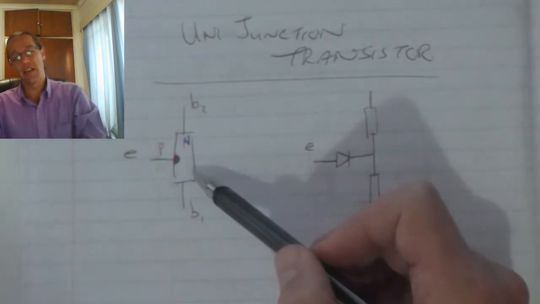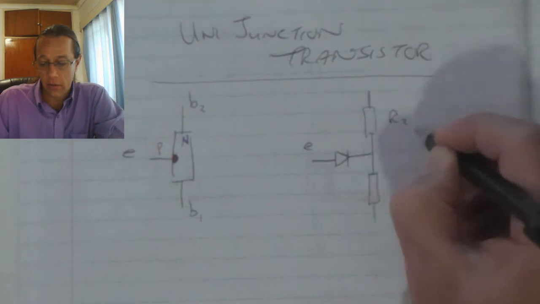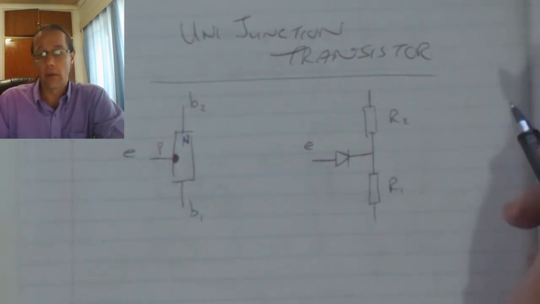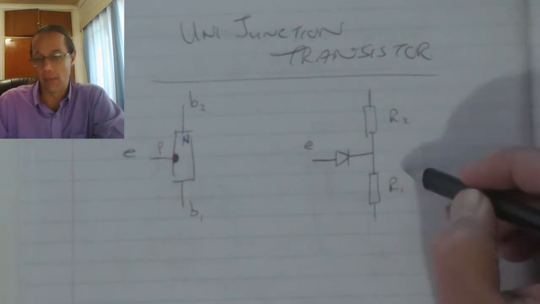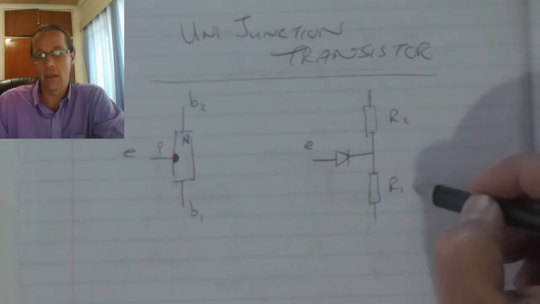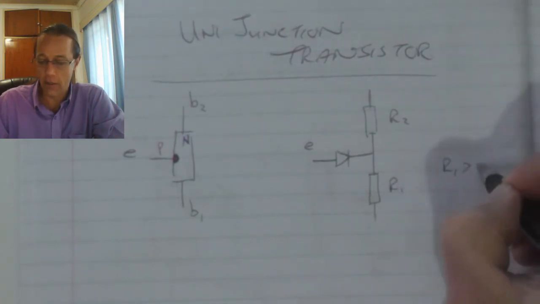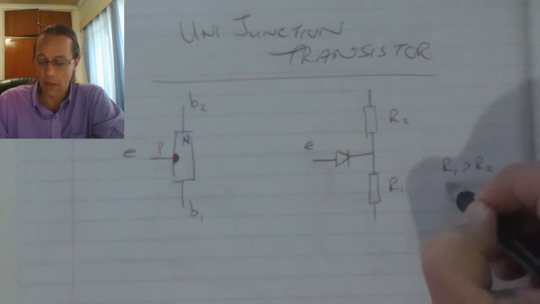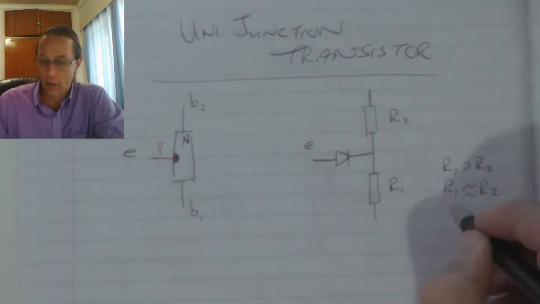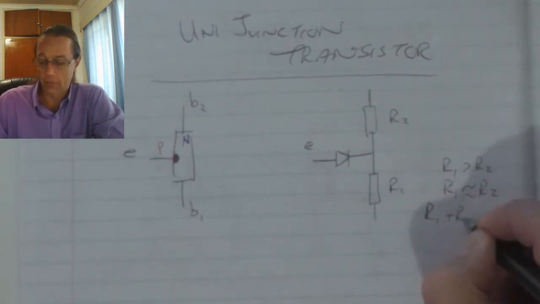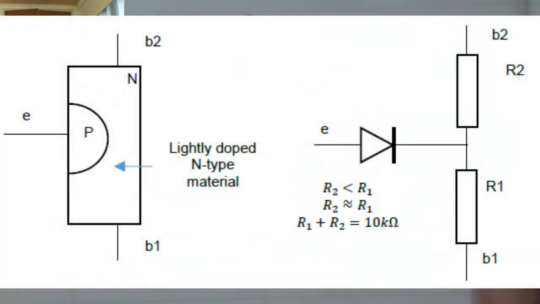This N channel is lightly doped, and if we look at the configurations, resistance 1 and 2 are almost the same, with resistance 1 slightly greater than resistance 2. So R1 is slightly greater than R2, but they are almost equal. Together they have a typical resistance in the range of 10 kilo ohms.